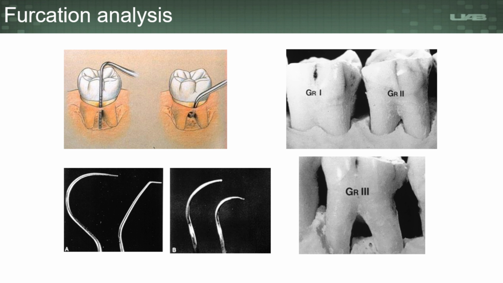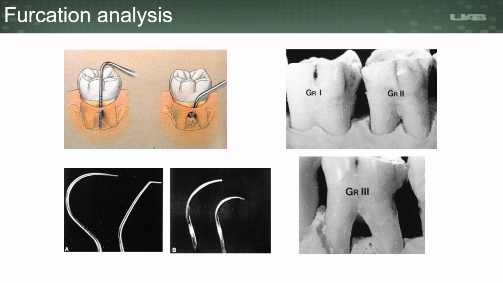And we do that horizontally with a regular probe. We can do that with a furcation probe as well. So a Nabers probe would be helpful to be able to find these furcations, and they're important to find because a tooth with a furcation invasion like this becomes far more complex to manage. So that's why we need to know that.